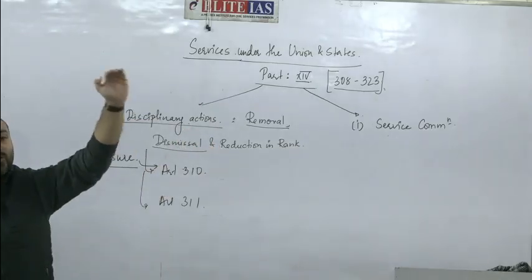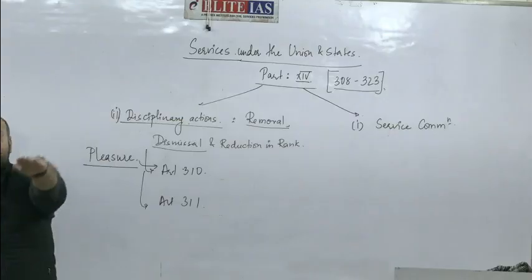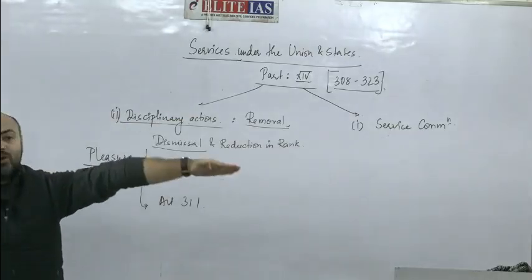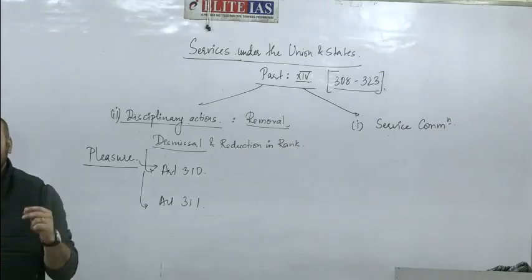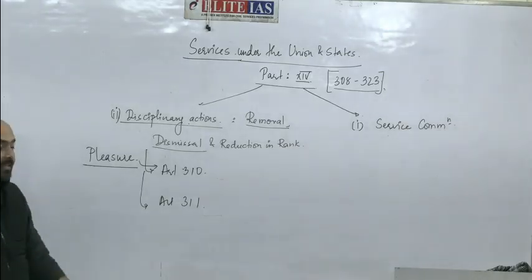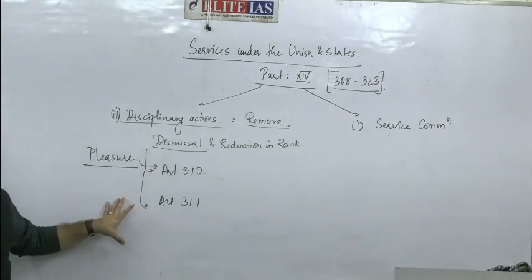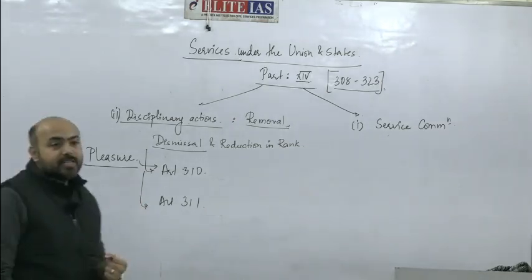So only the president is empowered to remove an individual who is a member of central services or All India Services. And that is the reason why the Administrative Reforms Commission has gone to the extent of recommending repealing Article 311.